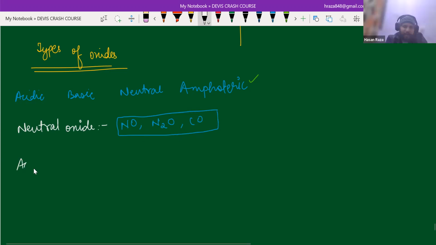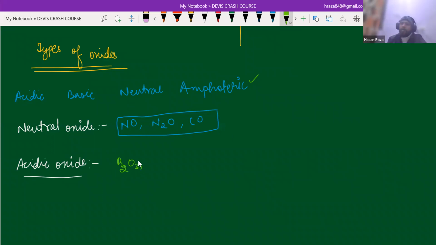Then comes acidic oxide, and there are some rules to follow to identify acidic oxide. For acidic oxide, I'm going to write B2O3. Generally, all the non-metal oxides are acidic oxides except neutral oxides.